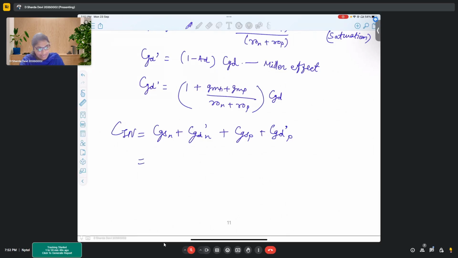So for CGS n, we would get C overdrive n plus Cox n, plus CGDn would be 1 plus Gm n Gm p by r naught n plus r naught p into C overdrive.